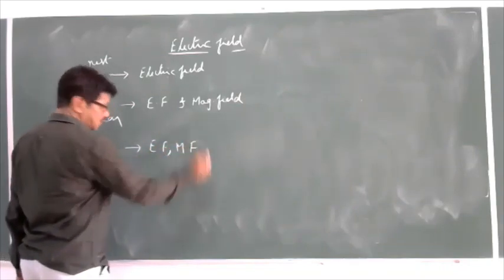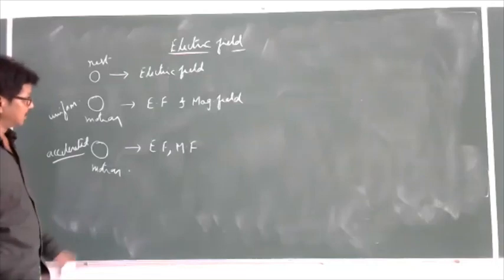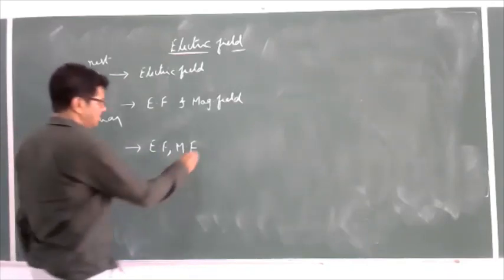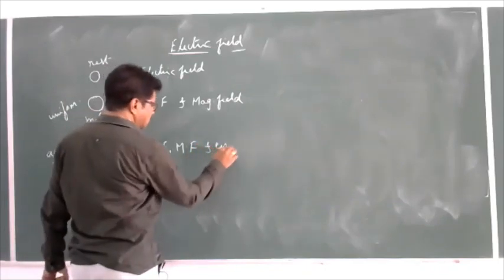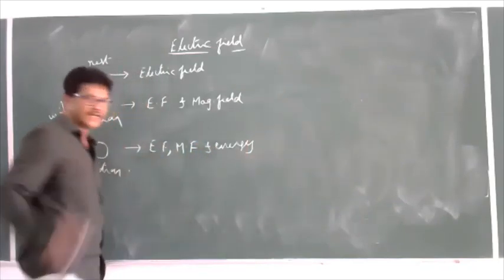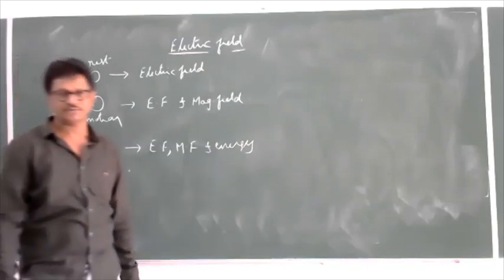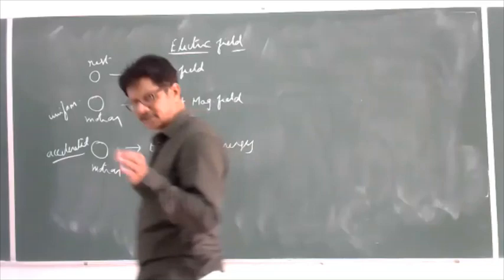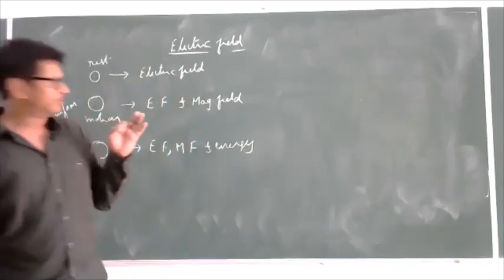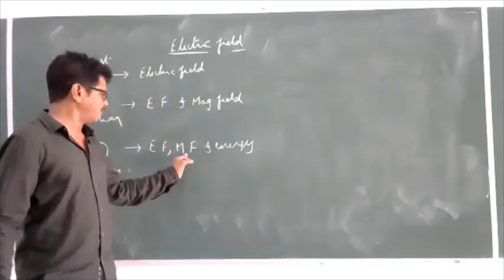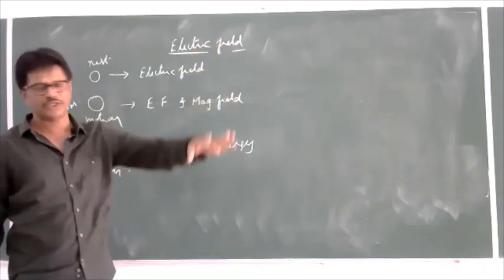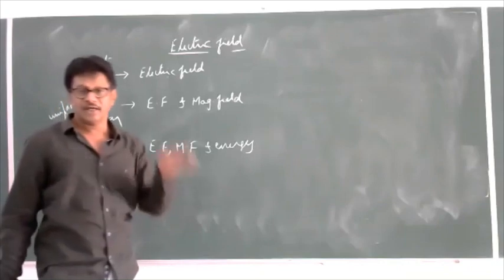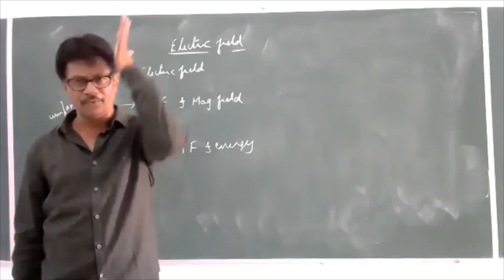But along with electric and magnetic fields, it will radiate energy also. Whenever a charged particle is moving with certain acceleration, it will produce electric field and magnetic field, and as well as it radiates energy. Based on this concept only, we are going to analyze the electromagnetic wave.